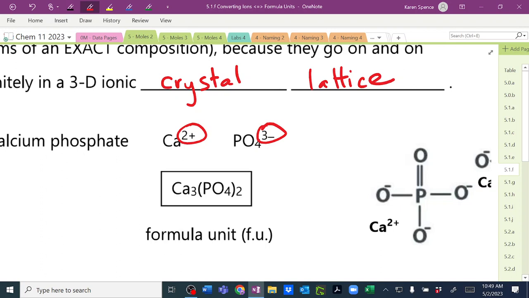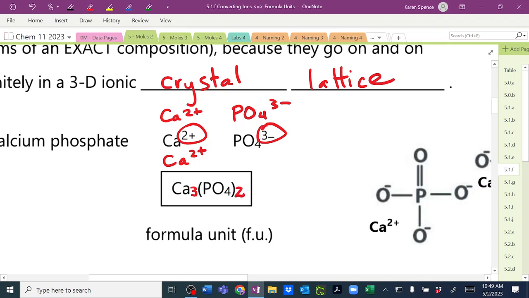Because that's the lowest common multiple of 2 and 3. So we would need to have 3 calciums to give us 6 positive, and we would need to have 2 phosphates to give us 6 negative, which means that our formula then is Ca3(PO4)2, and that is our formula unit.